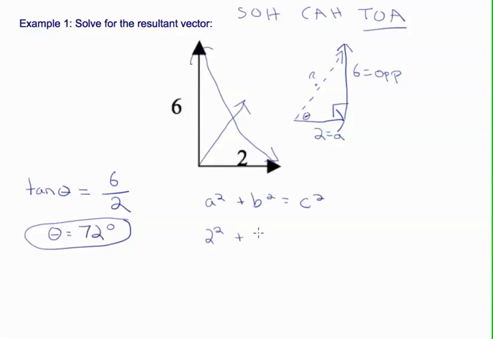So c squared equals 40. But don't say the answer is 40. You've got to take the square root of it to get c. So you get that c is 6.32.